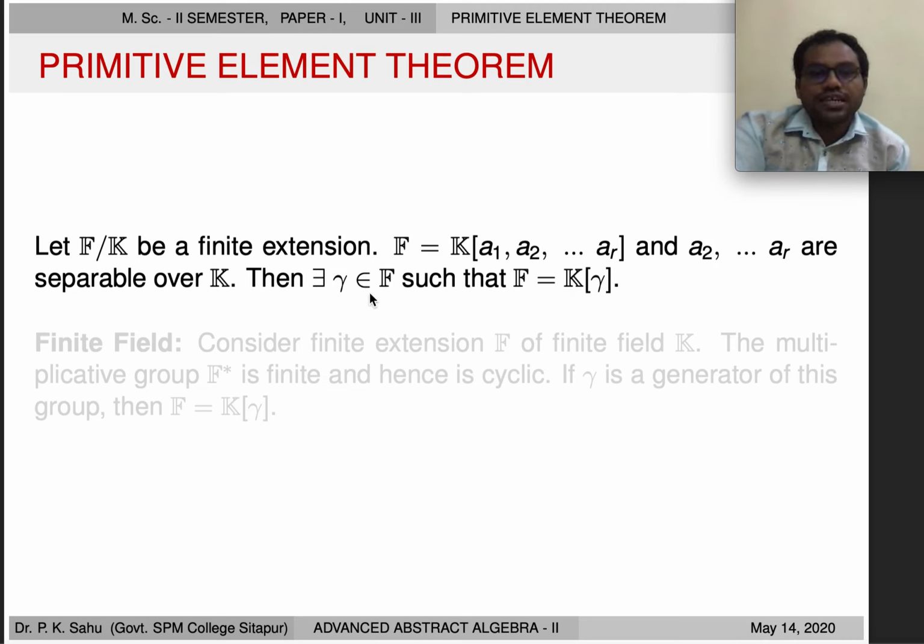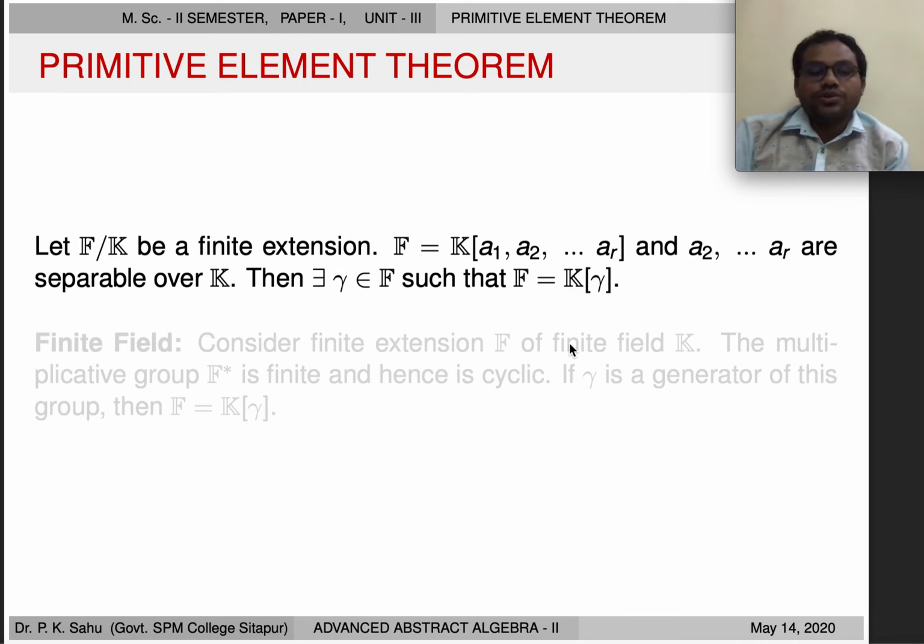Then there exists a gamma belonging to F such that F can be written as K adjoined gamma, means we can rewrite F is equal to K adjoined gamma. Means forget about all the elements a1, a2, all the way to ar and replace them by a single element gamma. That is why it is called a primitive element theorem. So we are replacing a number of such elements by a single element.